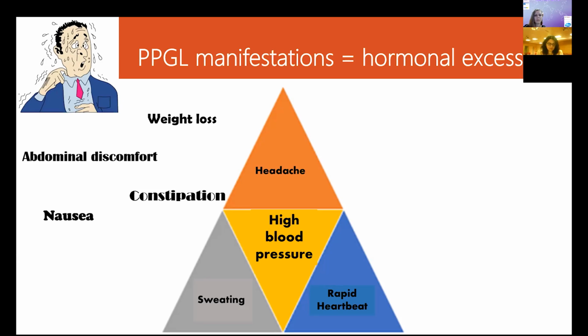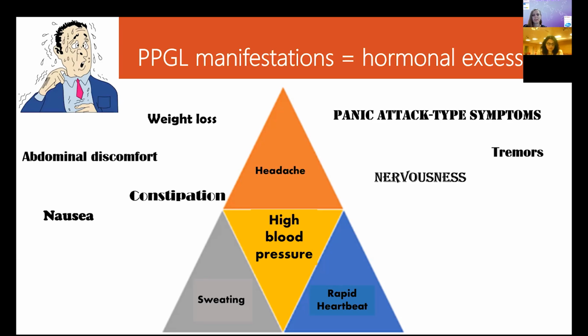gastrointestinal symptoms, for example, weight loss, abdominal discomfort, constipation, nausea. Some of the patients can present with neurological symptoms and even psychiatric symptoms. Often patients get misdiagnosed as panic attacks, and they're going to be nervous or tremors.